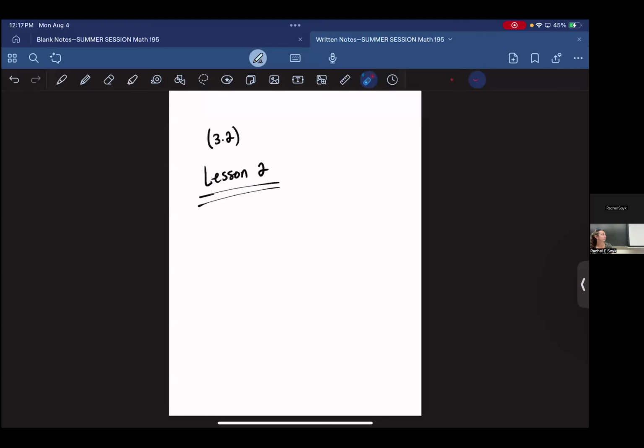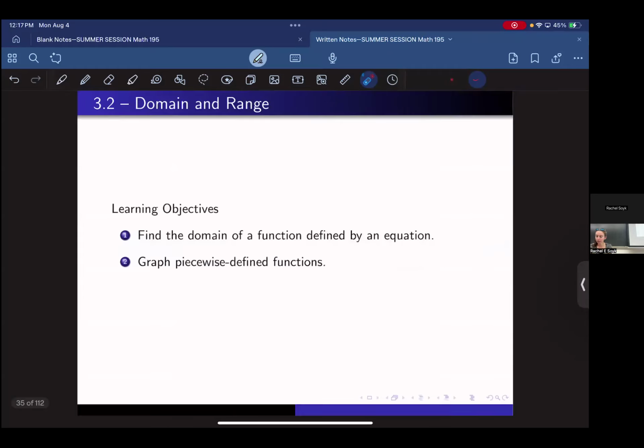So now we're gonna jump into our 3.2, which is our domain and range. And we only have two learning objectives here: being able to find the domain of a function defined by an equation, and then graphing piecewise defined functions.